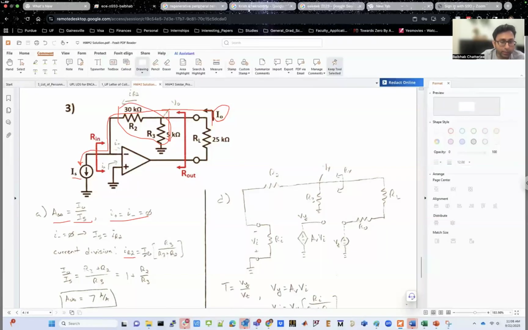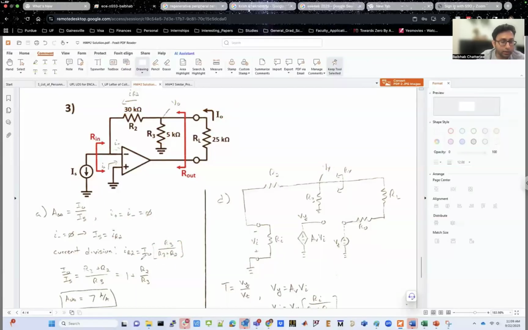IR2 is going to be I naught times R3 divided by R3 plus R2. And remember, for current division, the current going through a resistance is directly proportional to the value of the other resistance. If you're trying to find the division of current between 2 resistors, the current through the R2 resistance will be directly proportional to the other resistance, which is R3.